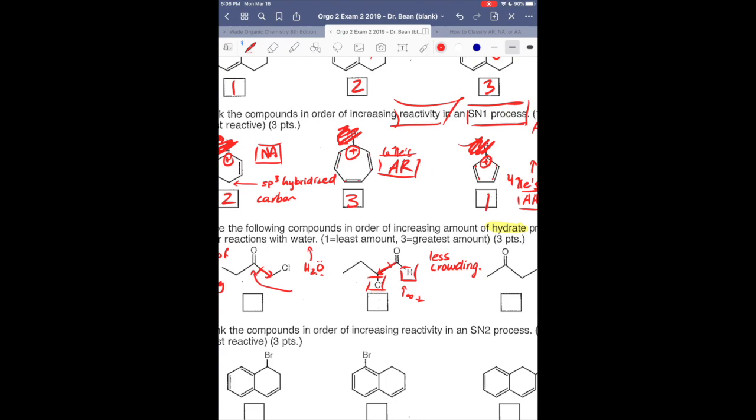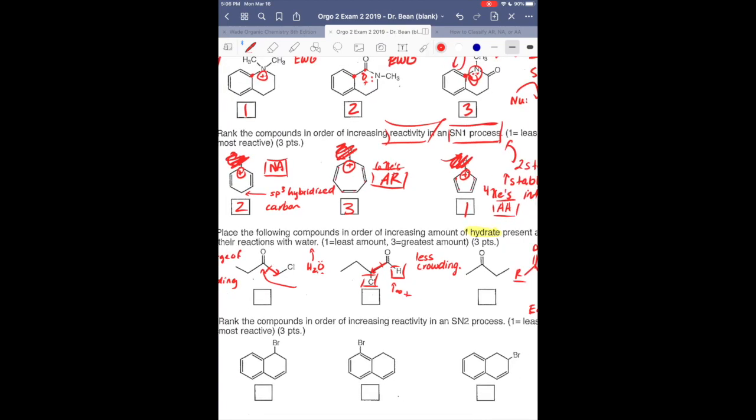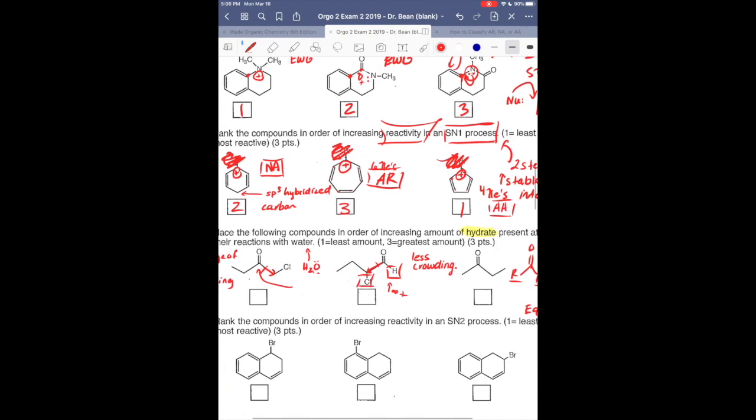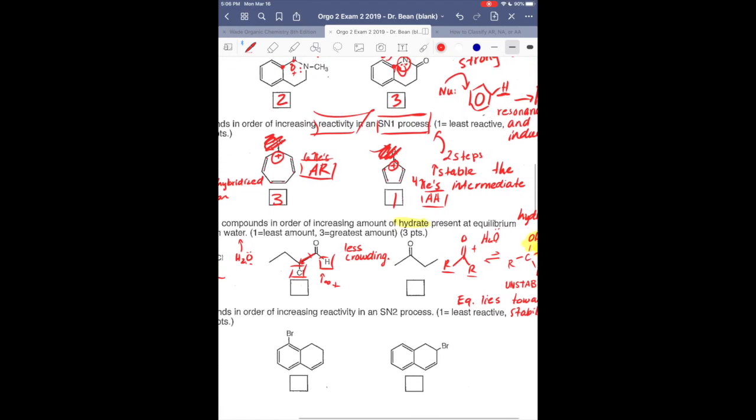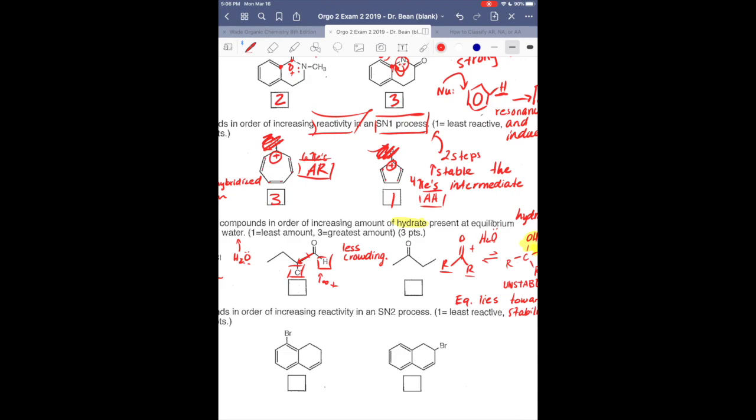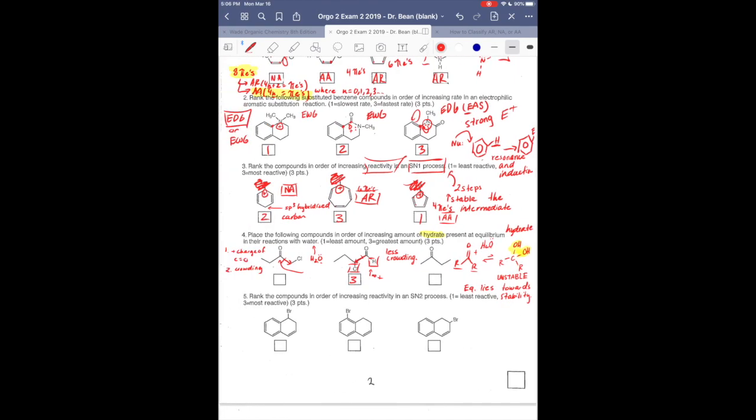So in terms of reactivity, the middle one is the most reactive, right? So if the middle one is the most reactive, that means that the equilibrium is going to lie more to the right, towards the hydrate, okay? Because this is more reactive, aka less stable. And equilibrium lies towards stability.